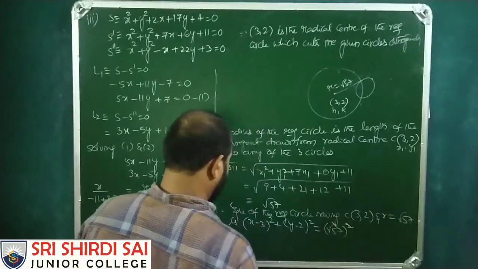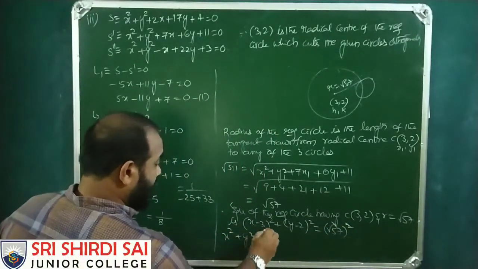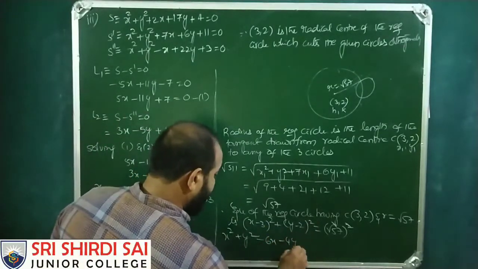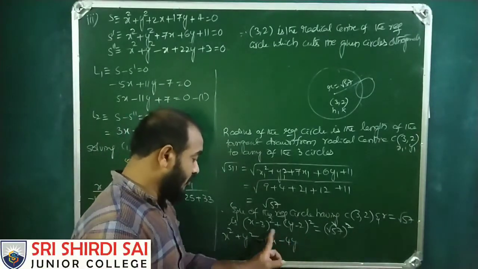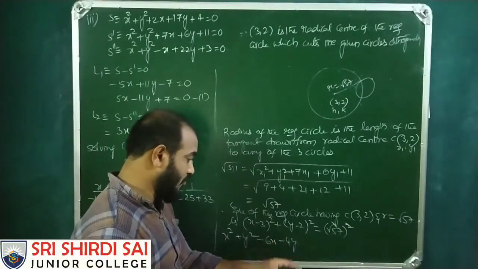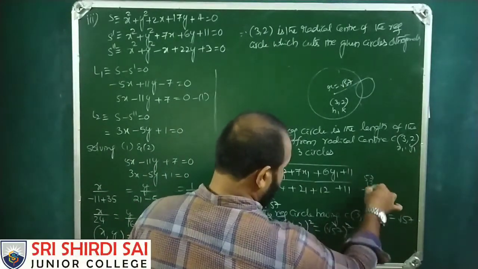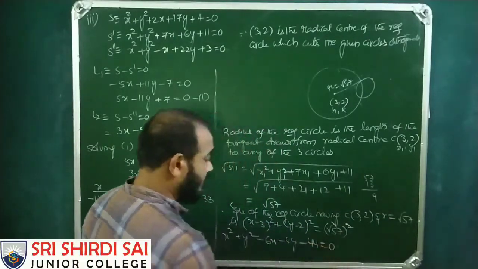The square root gets cancelled. This is x square plus y square minus 2 3s are 6x minus 2 2s are 4y. This is 3 3s are 9, 2 2s are 4, 13. 13 minus 57 is minus 44 equals to 0.